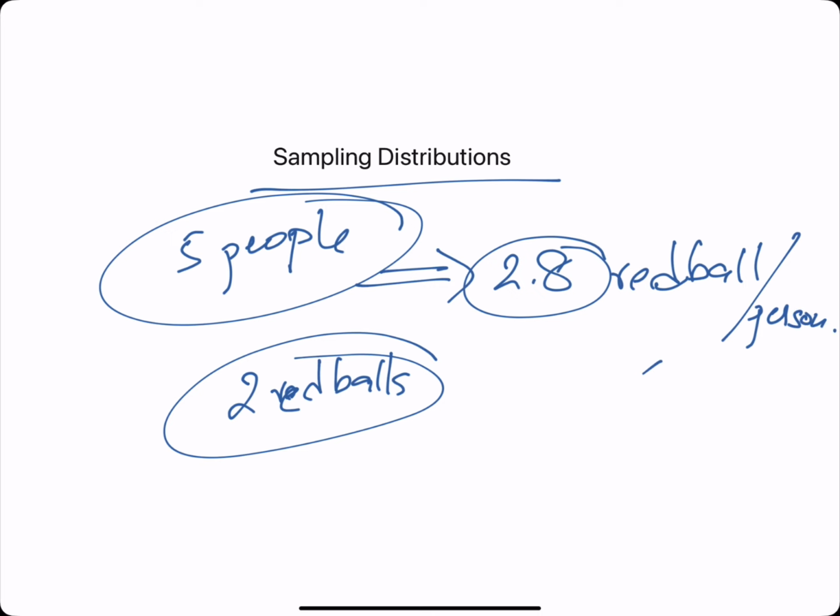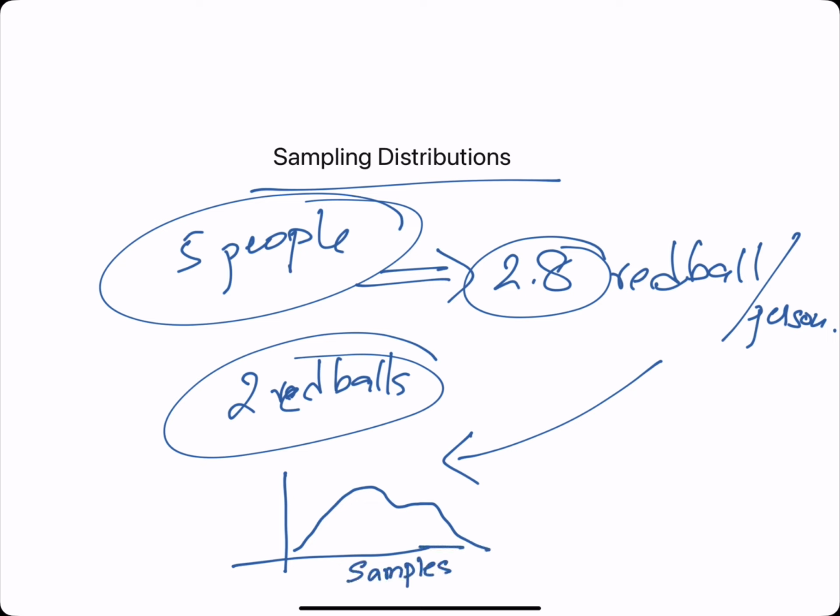This result might differ from the actual known population mean due to sampling variability. Now, if you repeat this process many times, each time taking a new sample of 5 players and calculating their average, you will generate a range of sample means. Plotting these means will give a graph something like this. Here we have the samples, and here is our PDF, the probability distribution function.